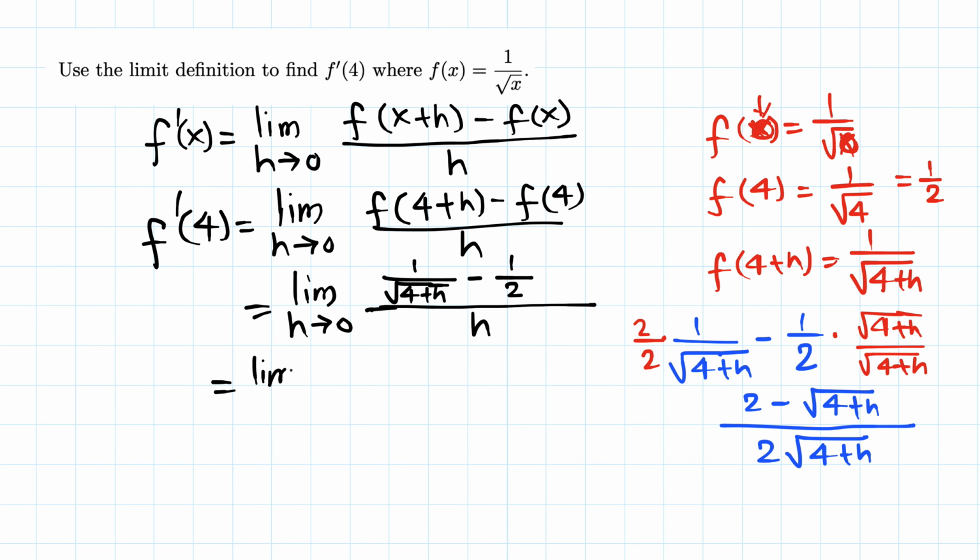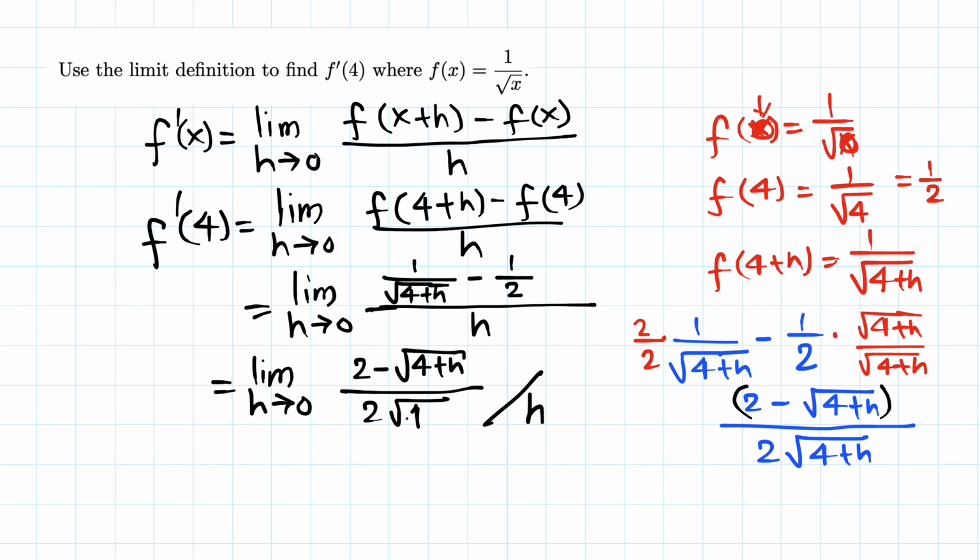So limit h going to 0, this over h, I want to write it divided by h, just to leave some room. When we combine these two fractions, we get one fraction, which is, don't cancel them, this one is a kind of block: 2 minus square root of 4 plus h over 2 times square root of 4 plus h.